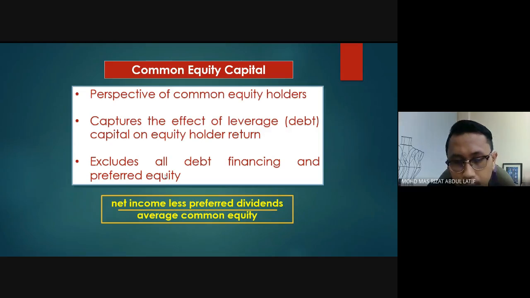Okay, kena tolakkan you punya preference share dulu. So preferred stock is excluded from the computation since from the viewpoint of common shareholders, preferred stock has a fixed claim to the net asset and cash flow of the company, just like that. So that is why kita kena deduct dulu preferred stock, okay, in order to calculate your common equity capital.